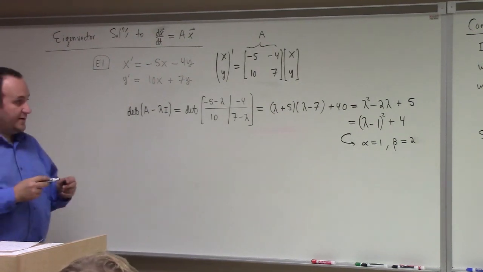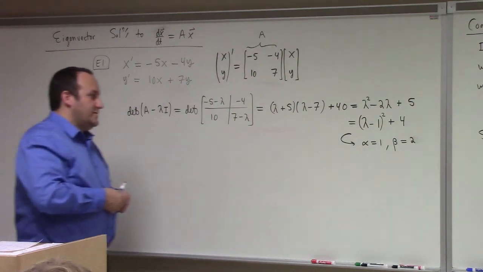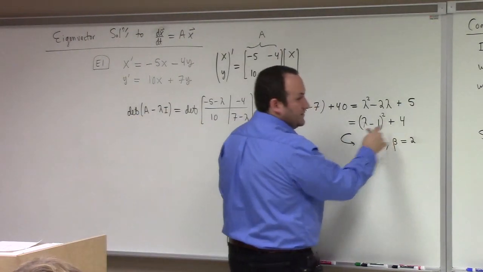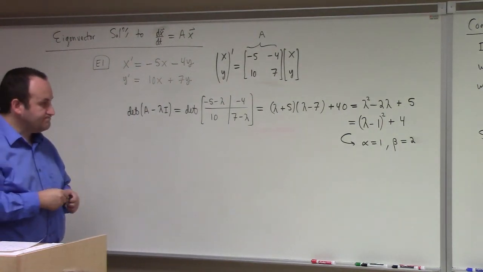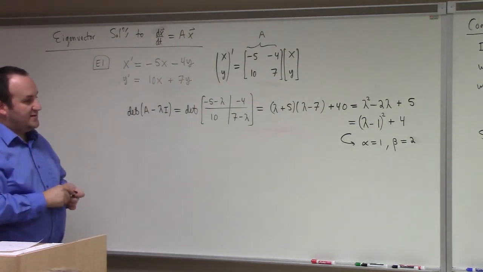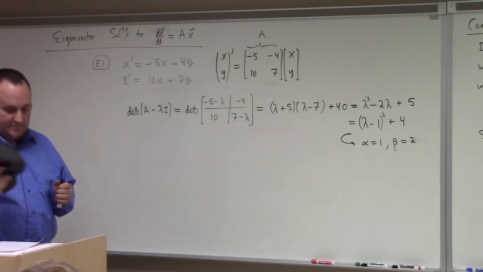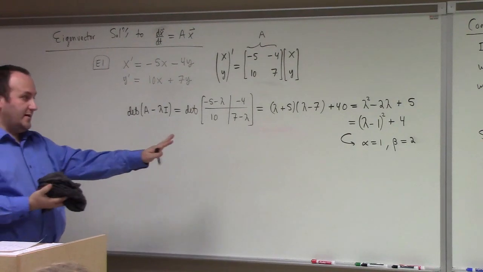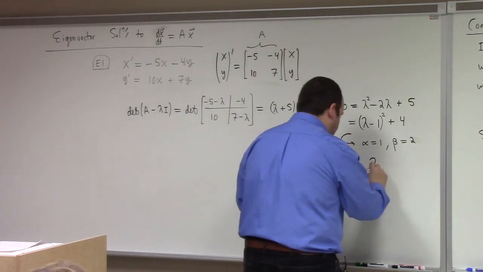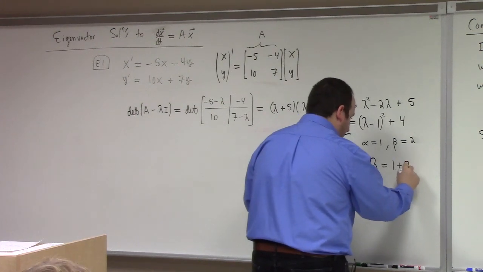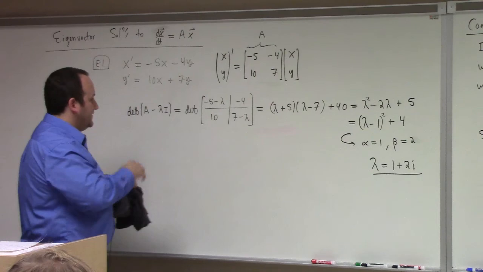When you complete the square and you get a sum of squares, that means you got a complex solution. If you complete the square and you get a minus here, that means you got a real solution. Completing the square always works, though. If you complete the square and you got 0, it's a repeated root. Them's all the cases. All right, so now we got our complex eigenvalue, lambda equals 1 plus 2i, right?